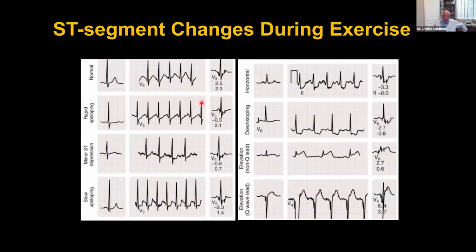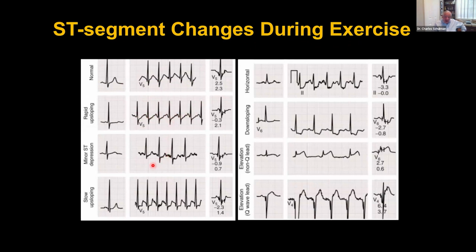Now, you can have ST segment changes during exercise, and these come from stress tests. So here's the normal response to stress, the ECG in lead V5. If there's a rapid upsloping that disappears in the first minute, that's normal as well.